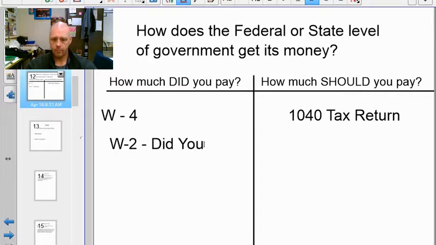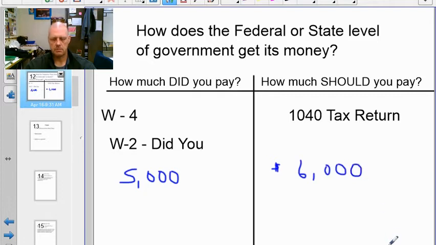So if we look at our situation, say Mr. Clem had $5,000 taken out of his paycheck or paychecks over the whole year. When I'm done at the end of the year and I add up all my income and credits and deductions and all that kind of stuff, my 1040 form says my fair share was $6,000.